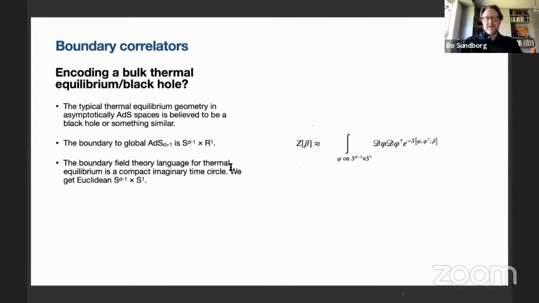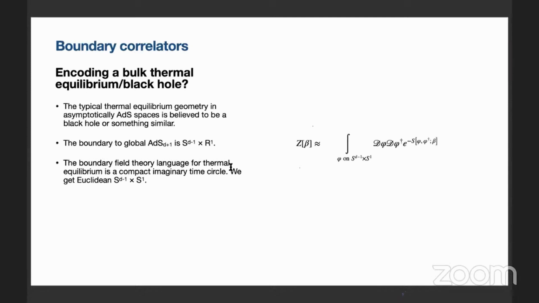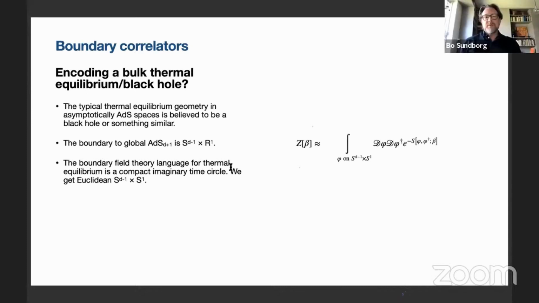Global AdS is topologically a sphere times R, the time direction. And if we want to do thermal equilibrium physics, we make this a sphere times the circle, where the circumference of the circle is the inverse temperature.